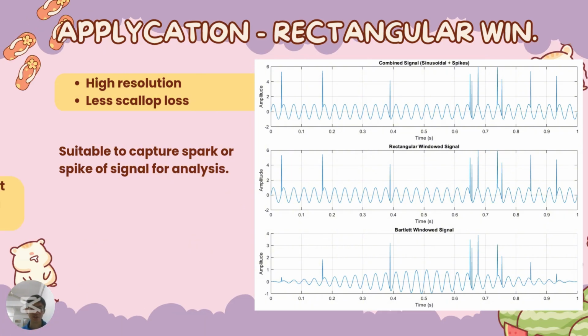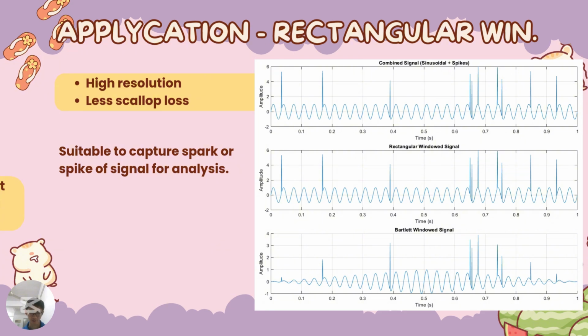For the application of the rectangular window, due to the narrower main lobe, higher resolution, and lower scalloping loss, the rectangular window is suitable for windowing transient signals such as bursts or impulses for analysis. Refer to the figure in the slide.